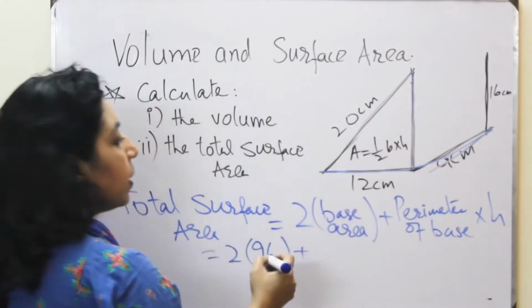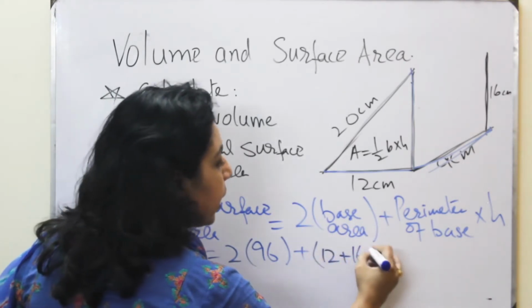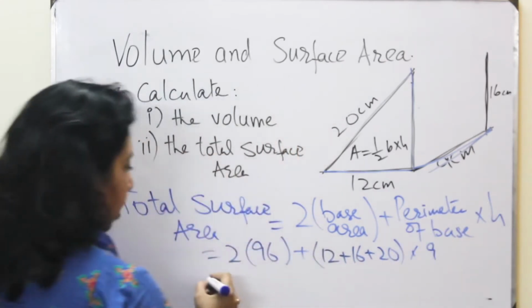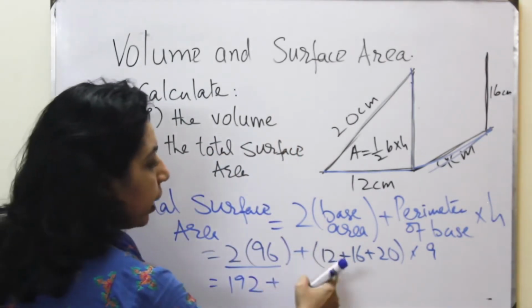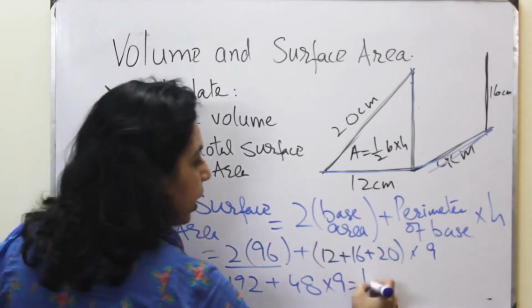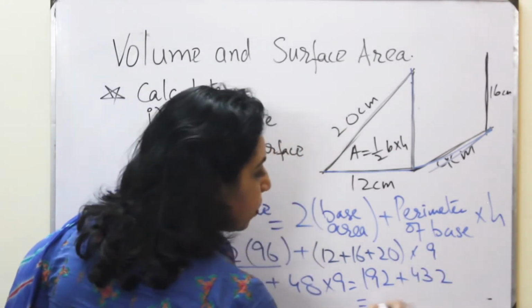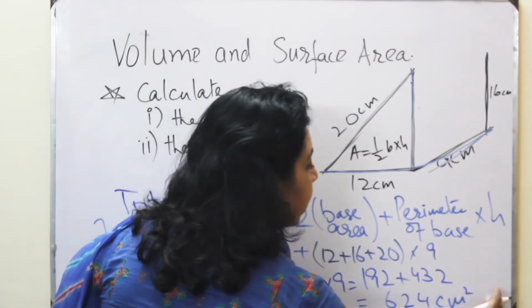We shall add these three, and we shall multiply its answer with this 9. This is 192 and the sum of these three is 48, times 9 is 432. 192 plus 432, when we add these two, we have 624 centimeter square.